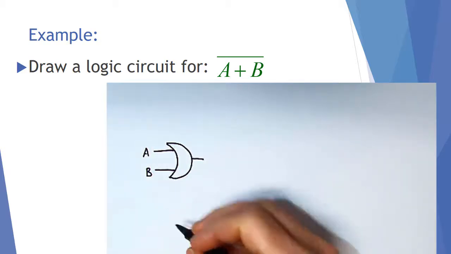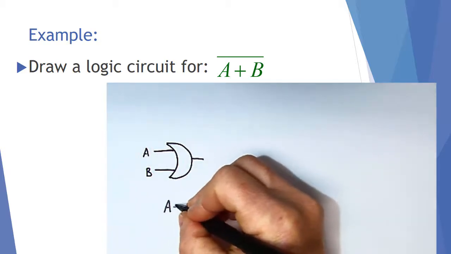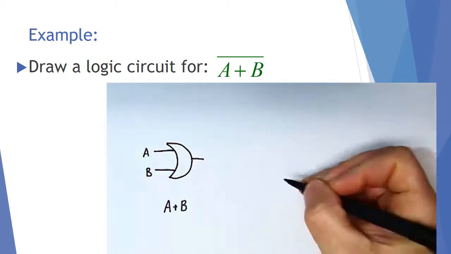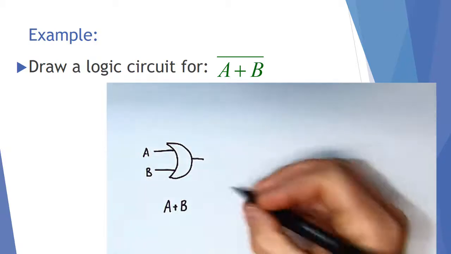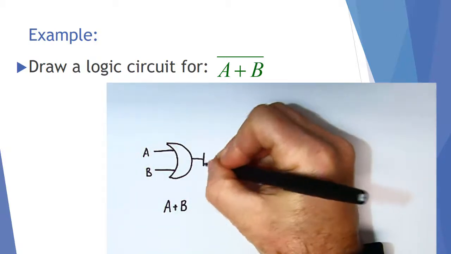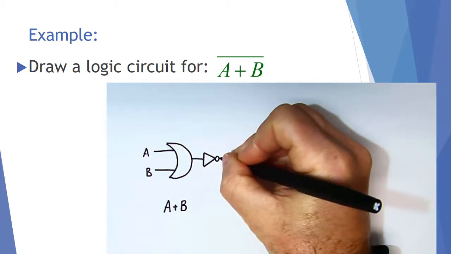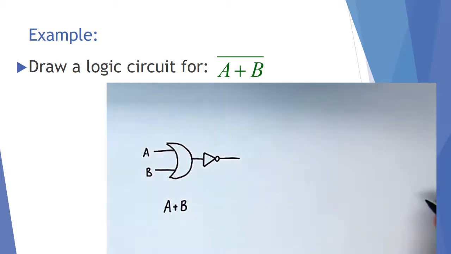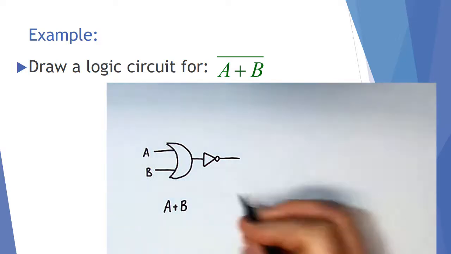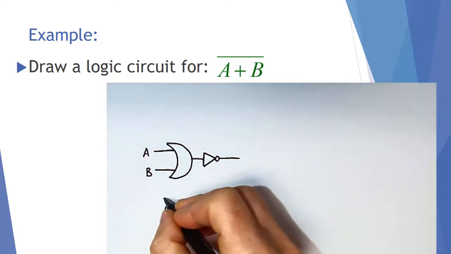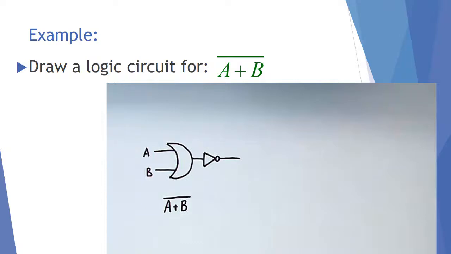Now, what we have right here would represent A or B, but we want the negation of that, and so we should take that output and reverse it with the NOT gate or with a negation symbol. And by putting that negation on there, now we're reversing the outcome of A or B, and we've drawn our logic circuit. And that's all there is to it.